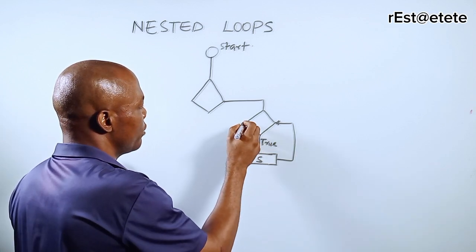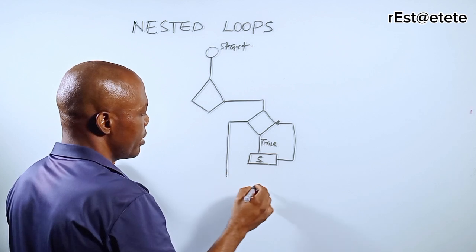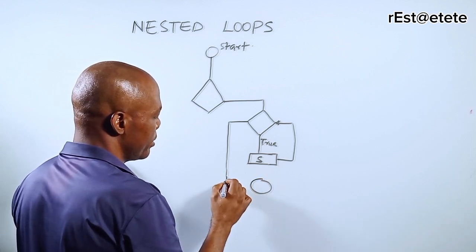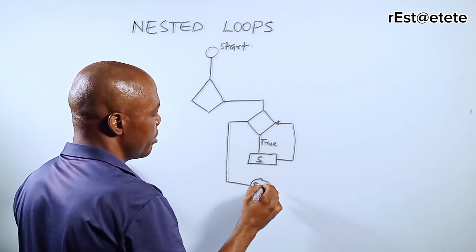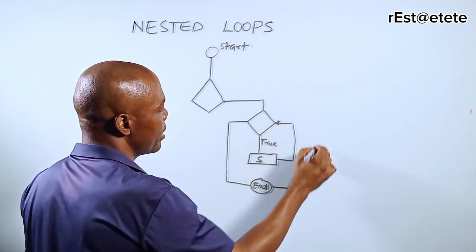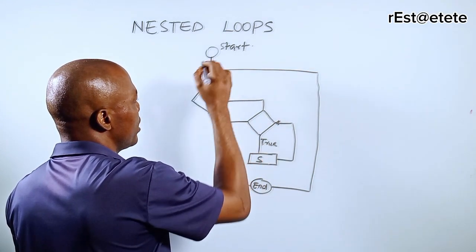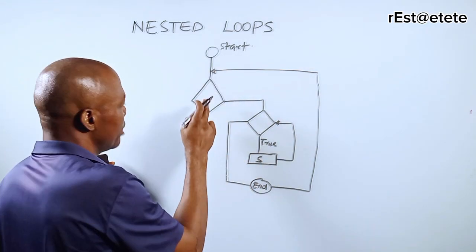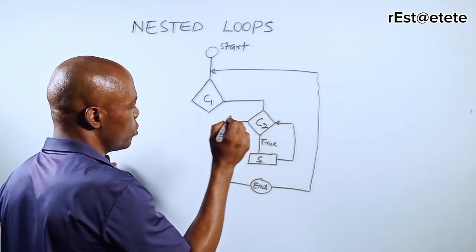Now, if the condition is false, you come here and then you exit. This is the N, but this N for this inner loop will now bring you back to the outer loop. So this is condition 1, this is condition 2.